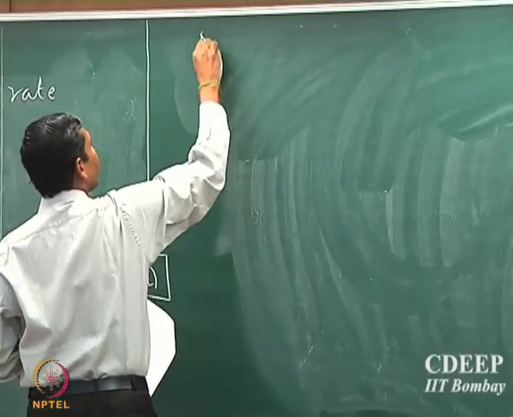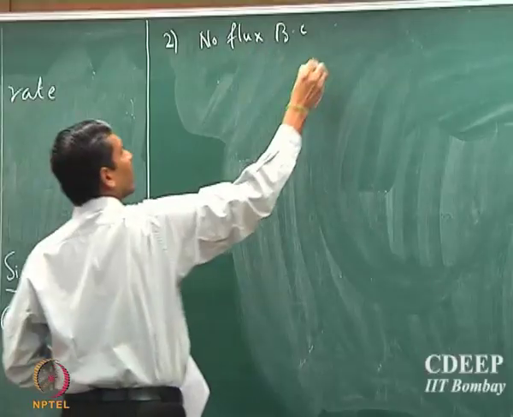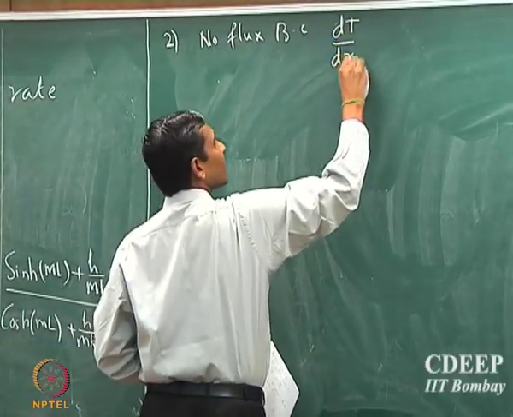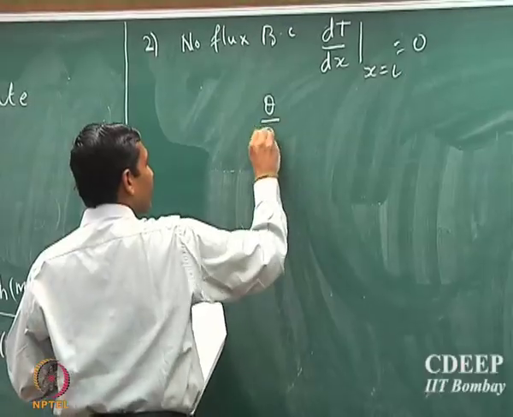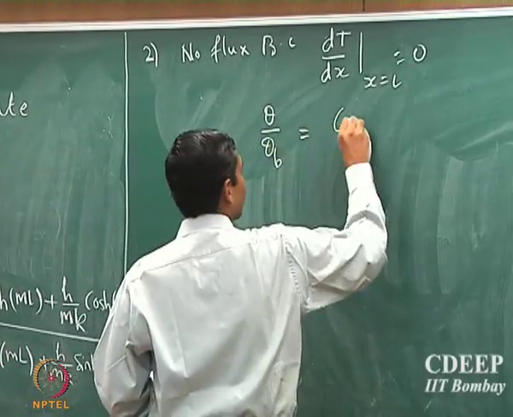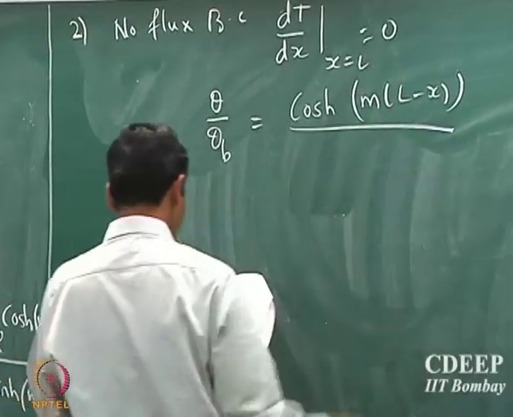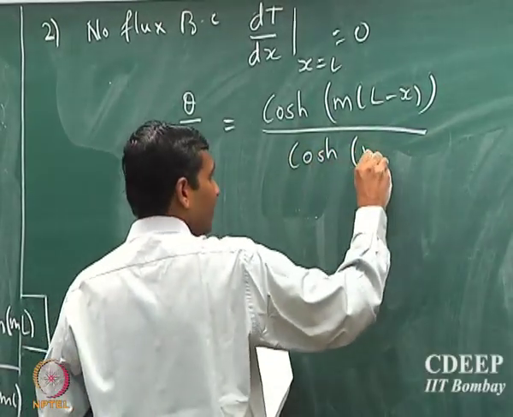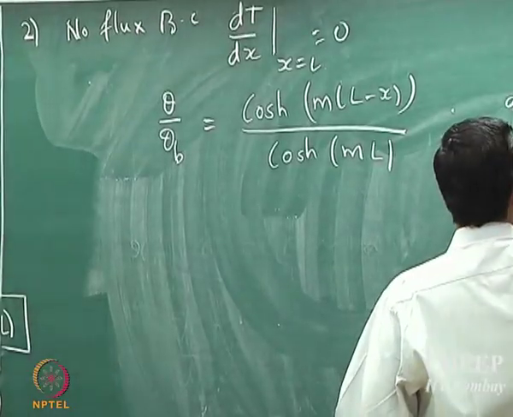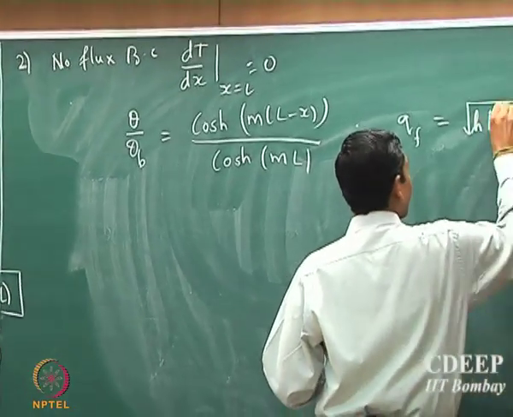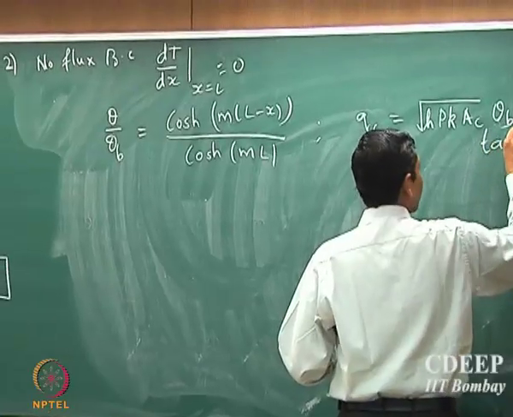Supposing you use the no flux boundary condition, that is the second type of boundary condition, dT/dx at x = L is 0, and the solution will be theta/theta_b = cosh(m(L - x))/cosh(mL), and the total heat transfer rate Qf is given by the square root of hPkA_c times theta_b times tanh(mL).